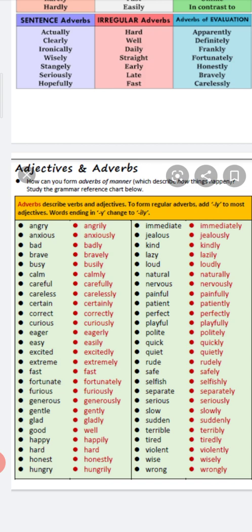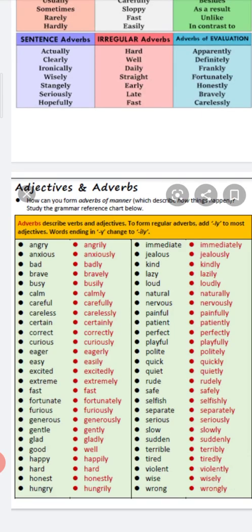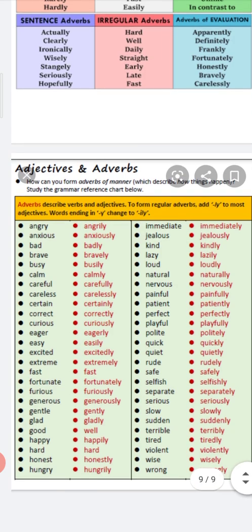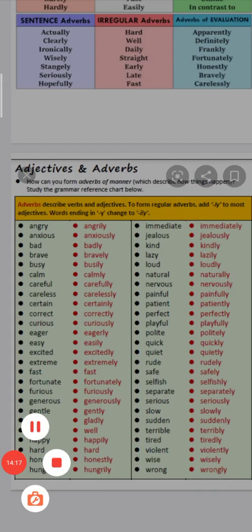Terrible, where le will be removed and ly added, so it becomes terribly. Separate, but in separately only ly is added, the e will not be removed. So be very particular where we have to change the ending and where we have to just add ly. In natural, one single l is already there, so it will become naturally with a double l. Then immediate, so only ly will be added. So please be very particular and go through the list.